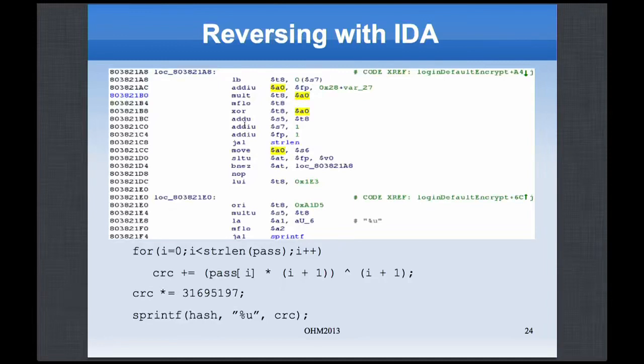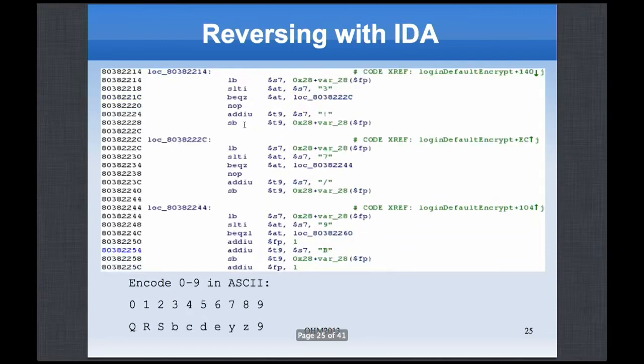In the last section, it's translated into an ASCII string, and there is just a second pass of encoding, which swaps some characters for others. And this is the way the hash is computed.